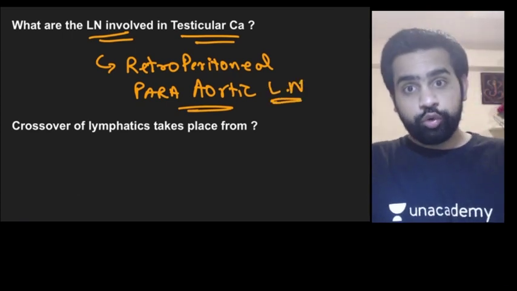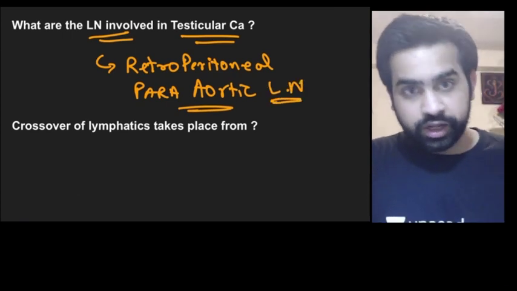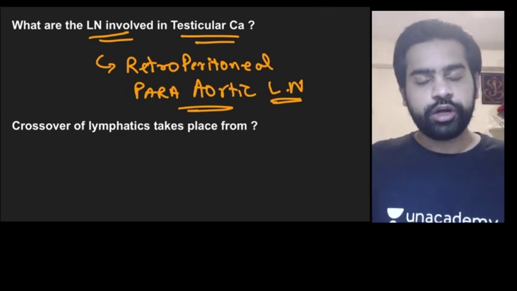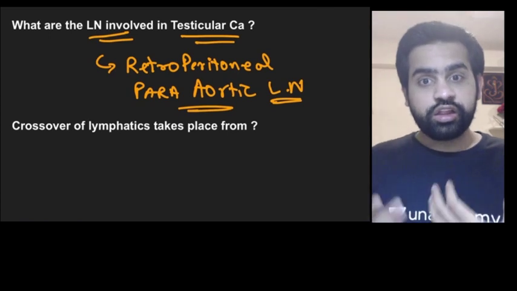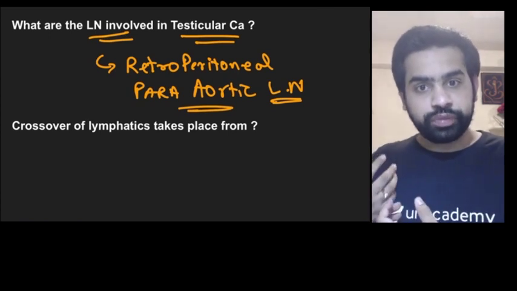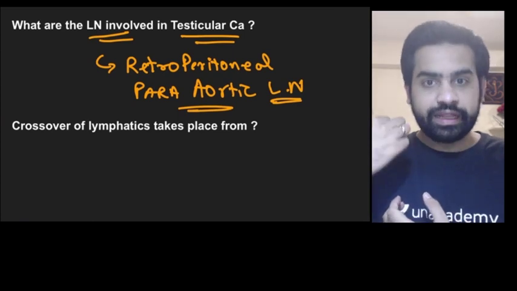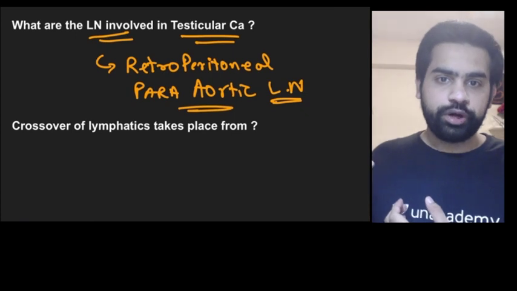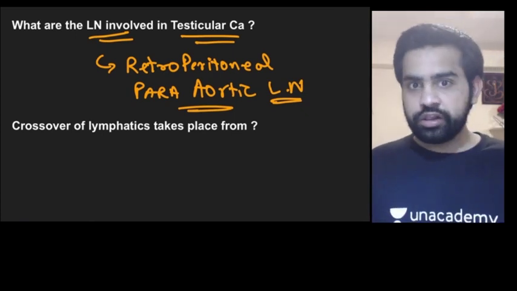Because this goes down to the embryology. This is an important concept which you need to understand. Why is the lymphatic drainage of the testes going to the retroperitoneum? Because the testes actually arise from the retroperitoneum. They start their development from the retroperitoneum and then descend into the scrotum. That is the reason the lymphatics of the testes go back to the retroperitoneum, into the para-aortic lymph nodes.